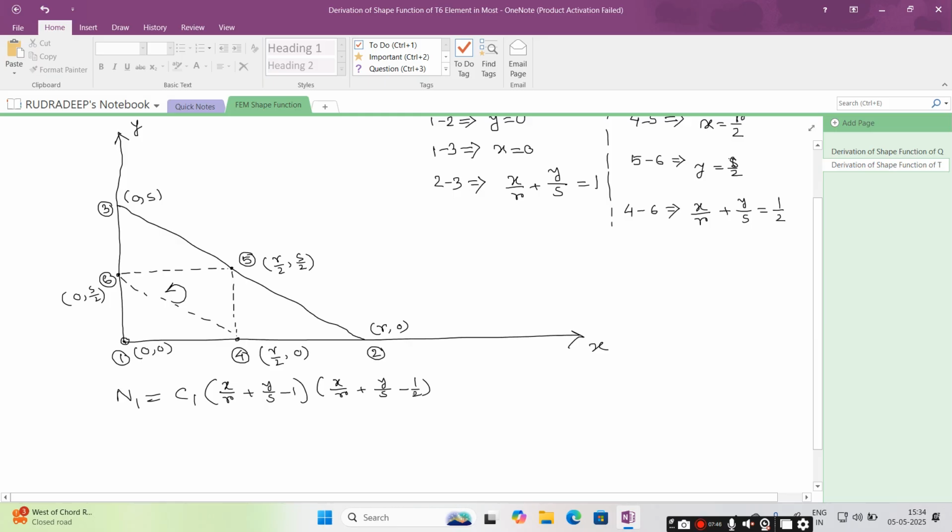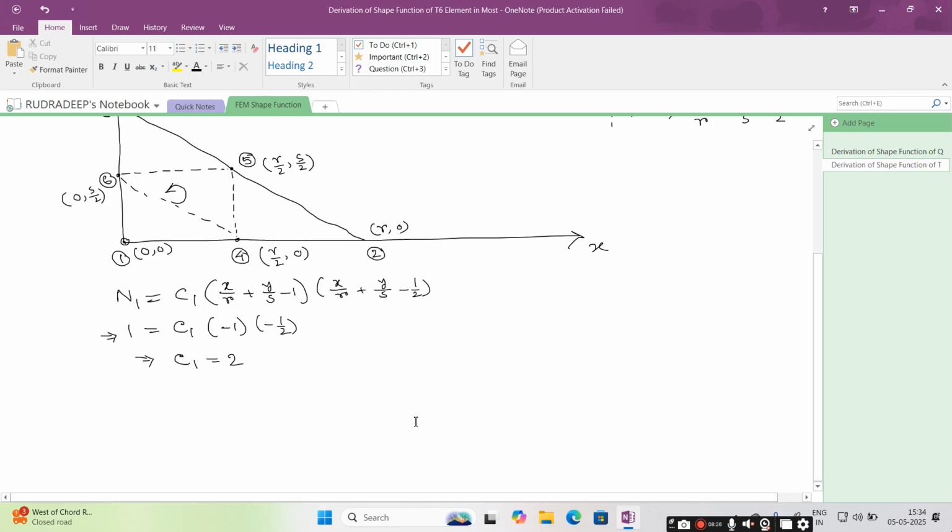The shape function at node 1 should be 1. Using that boundary condition I can get the value of c1. So 1 equal to c1, x is 0, y is 0, so this would be minus 1, this would be minus 1. From here I am getting c1 equal to 2. Now I will write down the shape function N1.